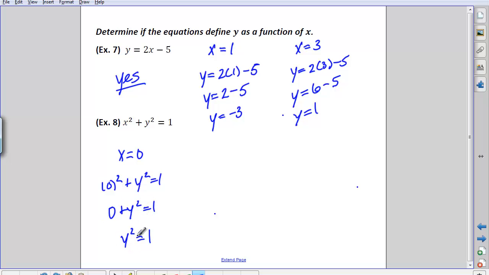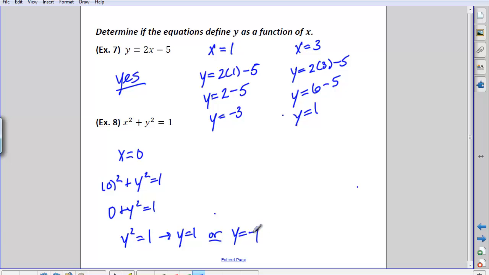Now, this step here, y squared equals 1, that's a little bit different. If I think about how to solve that, or what y values work here, isn't it true that from this I could get that y equals 1 or negative 1? If you square a 1, 1 times 1 is 1.